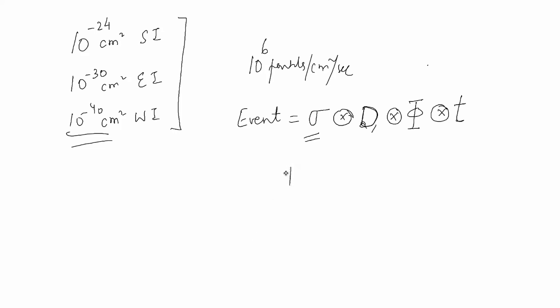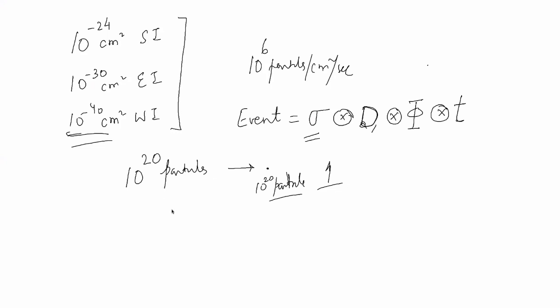And suppose I am able to measure a single event among, say, 10 to the power 20 particles coming on a target where there is only one particle sitting here, or instead, if I say that 10 to the power 20 particles are sitting over here, then what does this 10 to the power minus 40 mean?